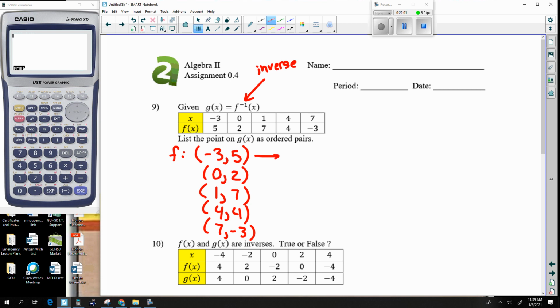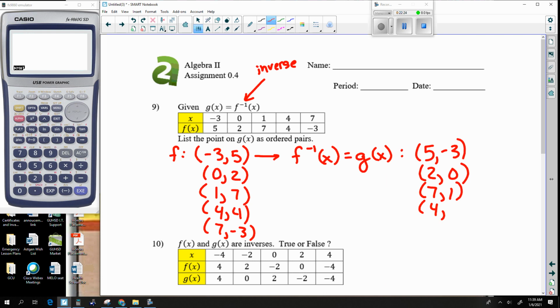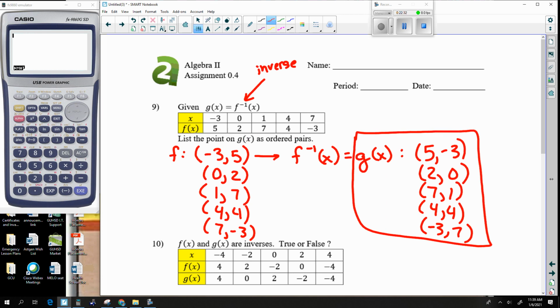So if I were to take the inverse of these, that would imply that these points would be (5, -3), (2, 0), (7, 1), (4, 4), and (-3, 7). So that is the list of points that are the g of x, which is the inverse of that f.